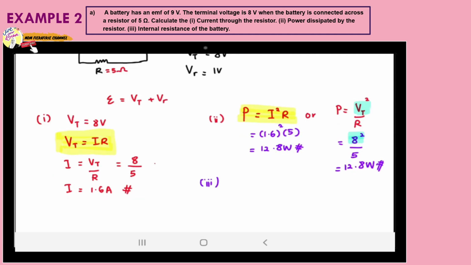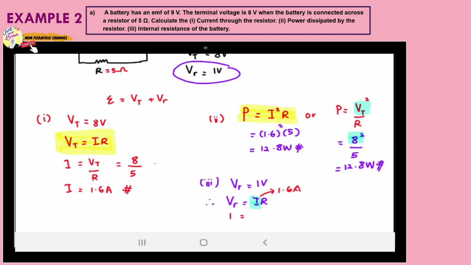Okay, part 3. Now we want to calculate the internal resistance of the battery. We have two methods to calculate the internal resistance. Since I know that VR is equal to 1 volt, I can write that VR is equal to Ir, where the value of I here is the same amount of current that passed through capital R, the external resistance. So I here is 1.6 ampere. When we substitute the value, we have 1.